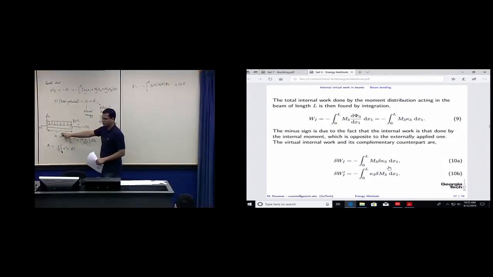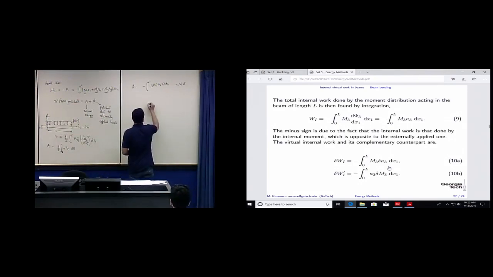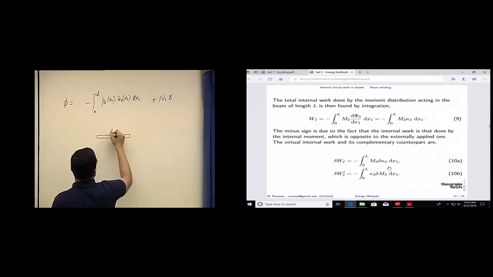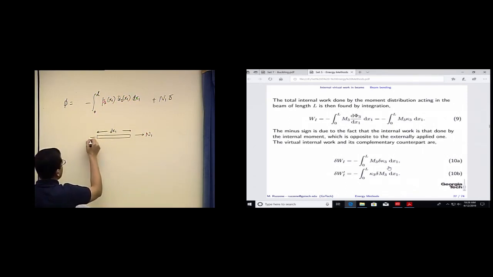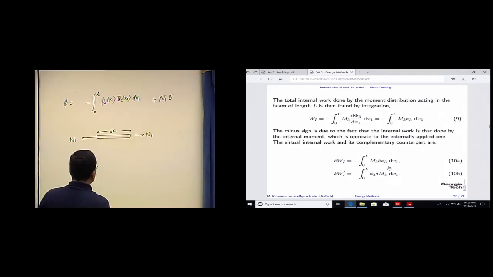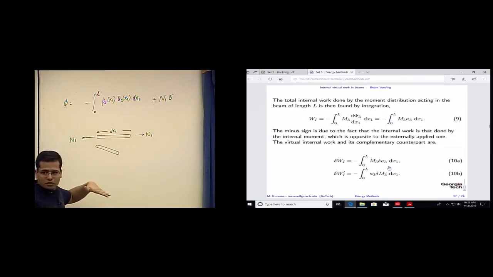Let's take an infinitesimal element again in the beam. Okay, so if we take an infinitesimal element of length, let's say dx1, and there is N1 applied on both ends, and this element is being deformed such that there is a transverse displacement, right?